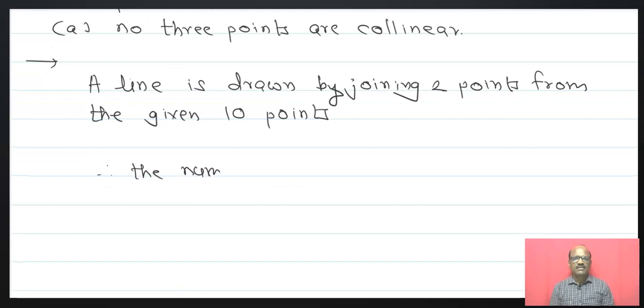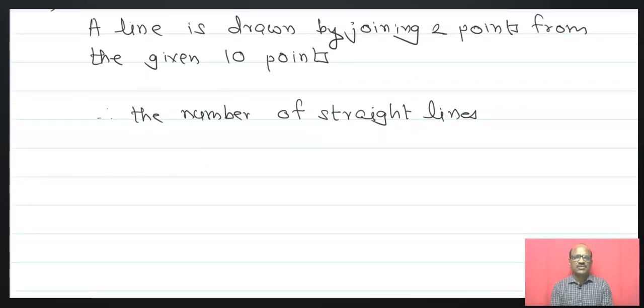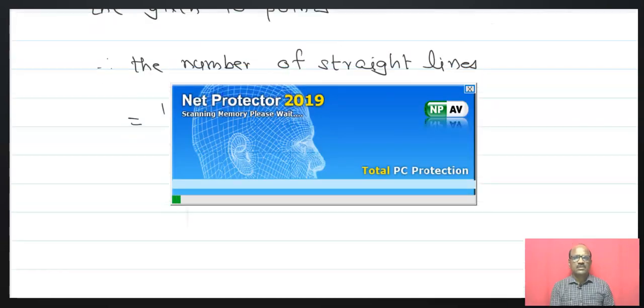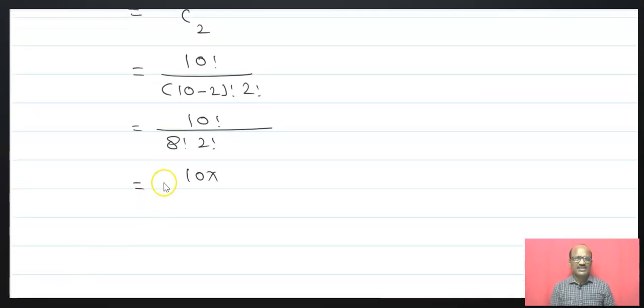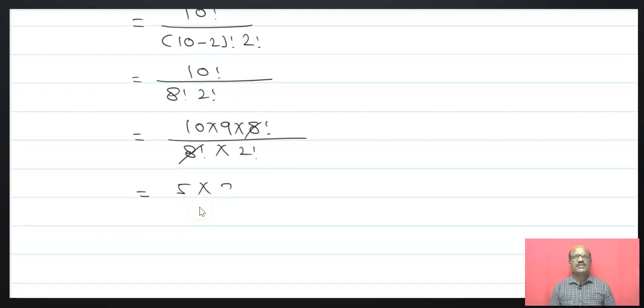Therefore, the number of straight lines equals 10C2, which is 10 factorial upon 8 factorial into 2 factorial. Now we can extend this: 10 into 9 into 8 factorial upon 8 factorial into 2 factorial. These get cancelled and you will get 45.